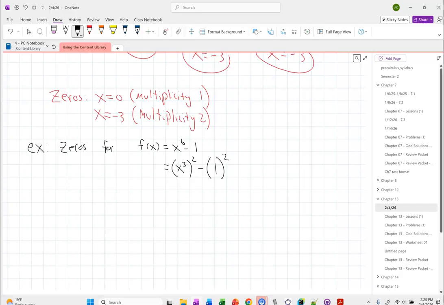Because remember, when I have an exponent of an exponent, what do I do? It's multiply. So if I follow my difference of two squares factoring pattern, I'd have this. Everybody okay?